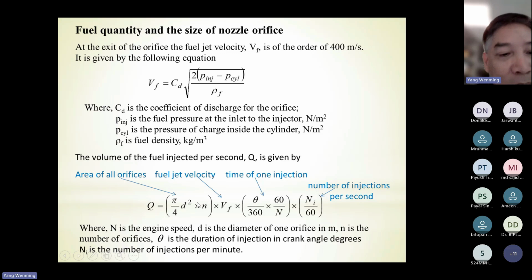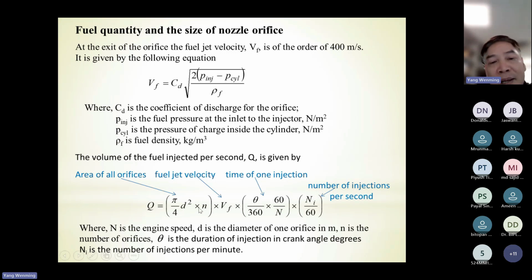First one, the fuel injection area. This is the flow area, 1/4 pi d squared, where d is the diameter of the fuel injection hole. So 1/4 pi d squared is the flow area for a single injection hole, correct?